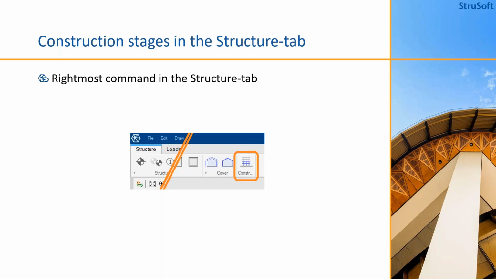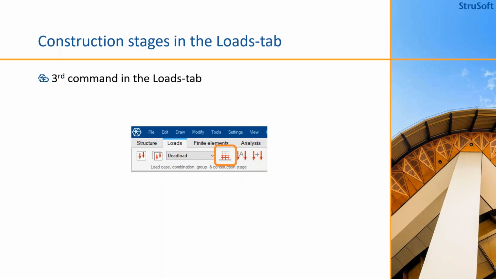In the very right end, you have the prefab print and the documentation module, but for the structure specific commands, it is the rightmost command. While in the loads tab, it's very early in the beginning, just before the load groups and load combinations, and by the selector of the load cases.